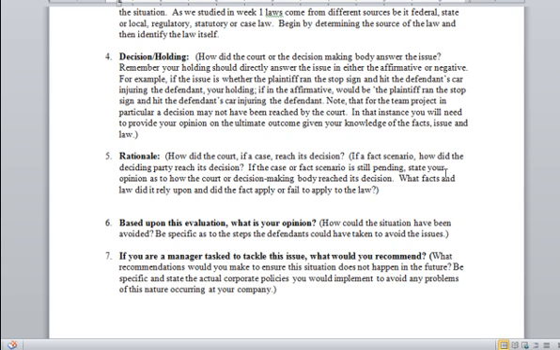That's what you want to focus on. I want to see specific policies that you would implement for your company to demonstrate how you would tackle that issue so that it wouldn't happen again.